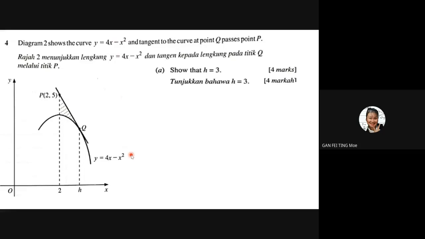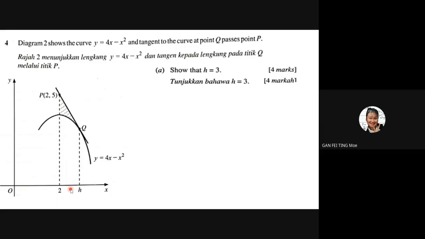Diagram 2 shows the curve y equals 4x minus x squared. This is the curve. And the tangent to the curve at point Q. This is a tangent. Tangent is a straight line. At point Q it passes through point P. Once you have this tangent, it plots a point here.